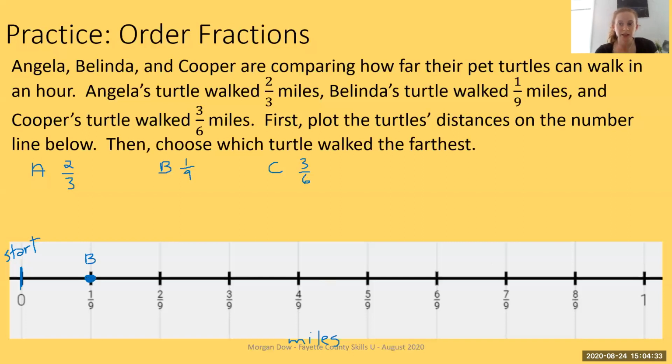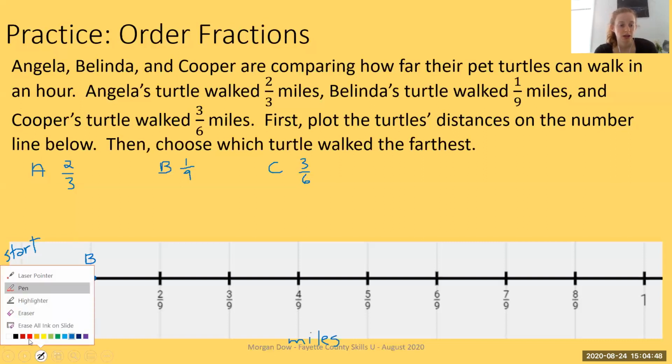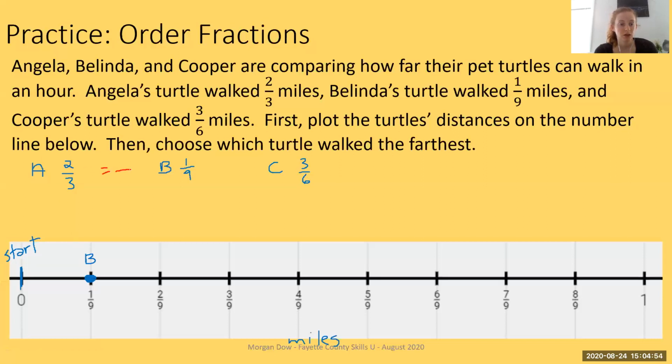Okay, so we got Belinda, she's all set. Now let's return to Angela. Her turtle walked 2/3 of a mile. We need to figure out how to take this 2/3 and get it onto our number line in terms of ninths if we can. So let's see, can we take 2/3 and turn it into ninths?